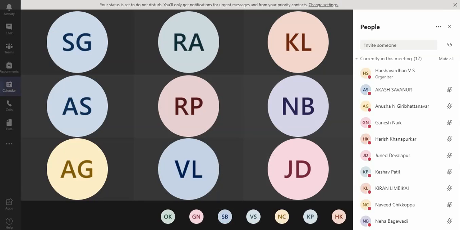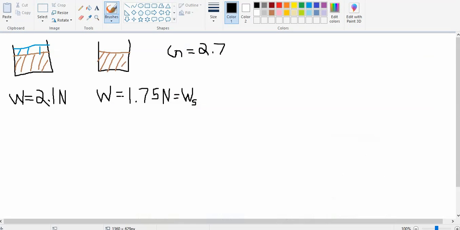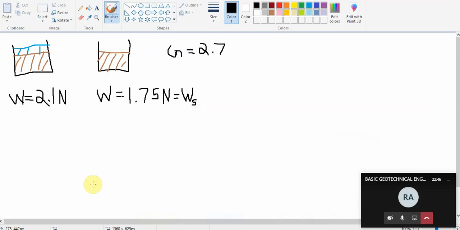Anyone? Pycnometer and density bottle or glass bottle.